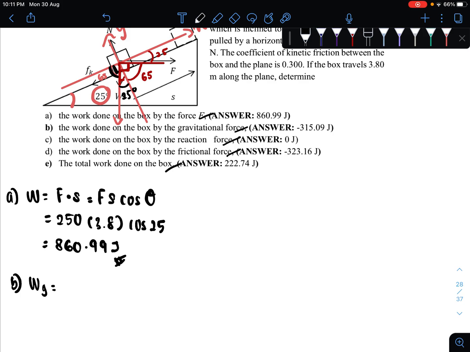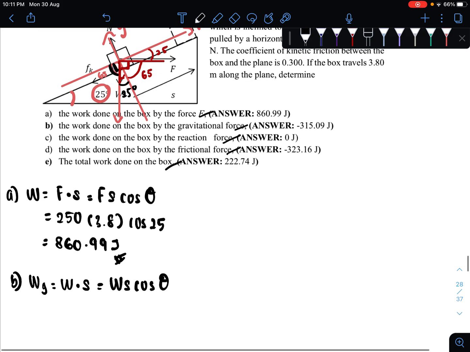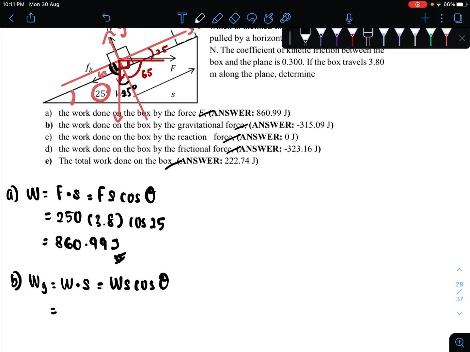So B here is the work done by the gravity. Since it is the work done by gravity, I'm going to substitute the symbol weight for the force here, W dot S. This W is not the work, this is the weight force. It becomes W S cos theta. W is mg, mass times gravity.